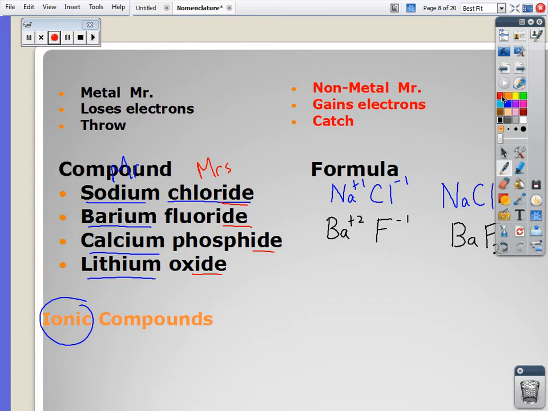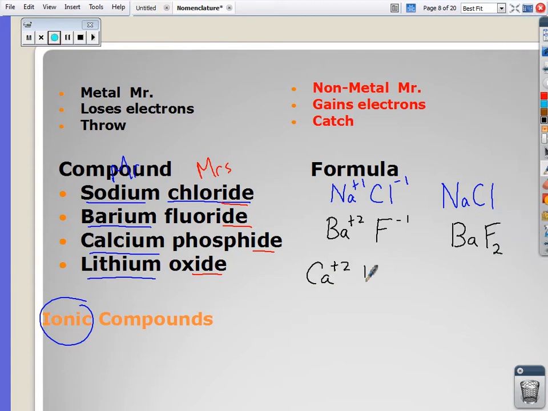Calcium phosphide is Ca, that's +2, and phosphorus, which is -3. We're going to do the smallest number they both go into. That's 6. So you write Ca3P2. Ca has 1, 2 balls.